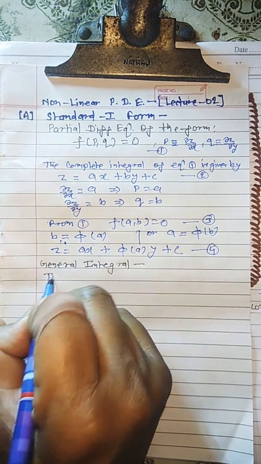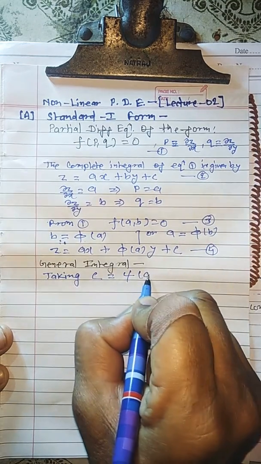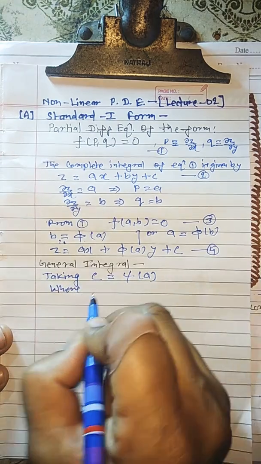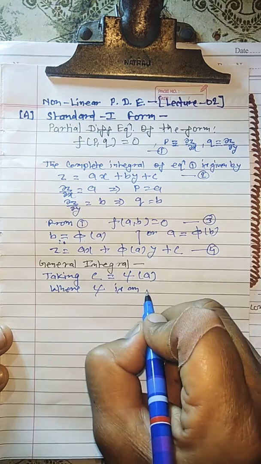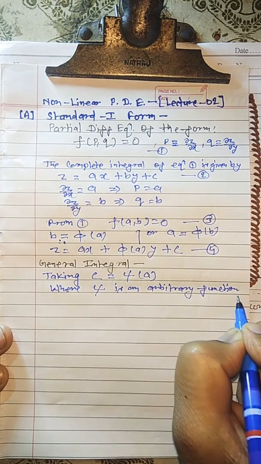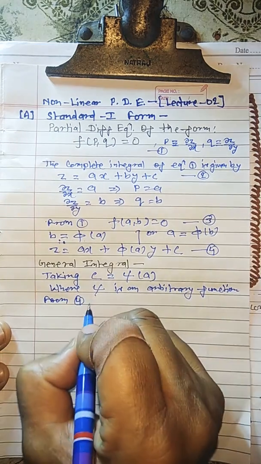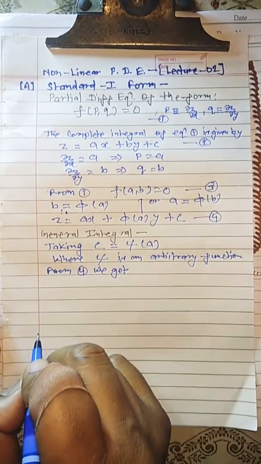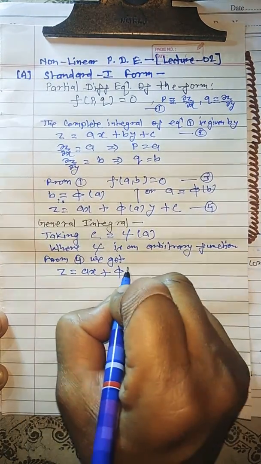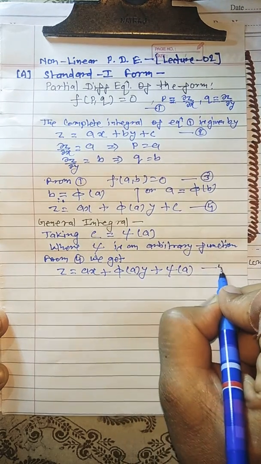Now taking c equal to some function psi of a, where psi is an arbitrary function, from equation 4 we get z = ax + phi(a)y + psi(a), and suppose this is equation number 5.